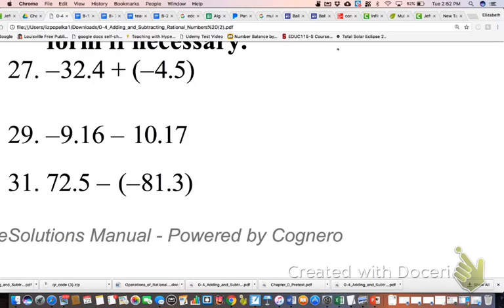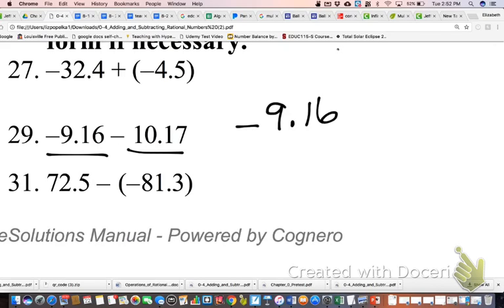Okay, with number 29, this is a minus, but please remember that negatives and subtraction really mean the same thing. So just like number 27, I'm really just adding two negatives together, even though this is in the form of a subtraction problem. So again, just like I did before, I'm going to line up the decimals.